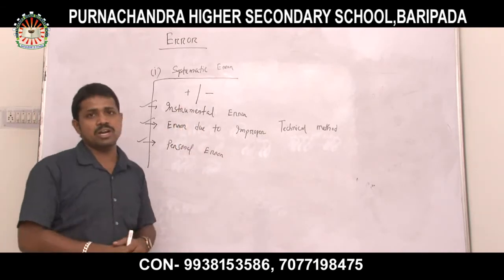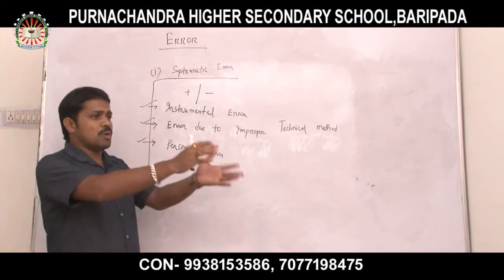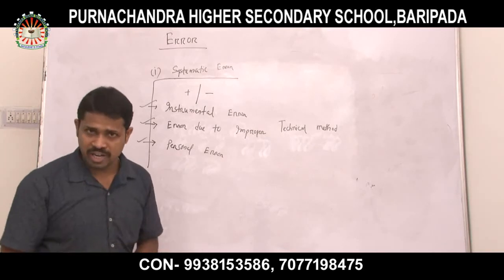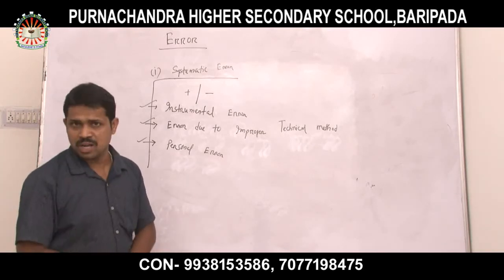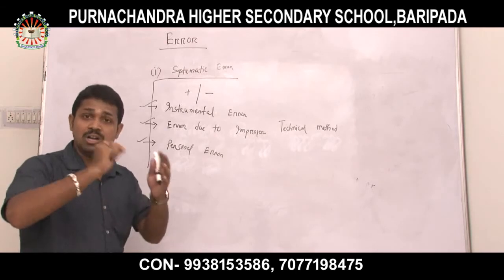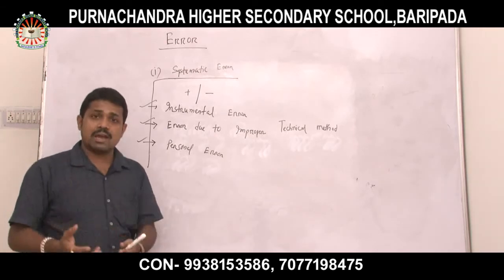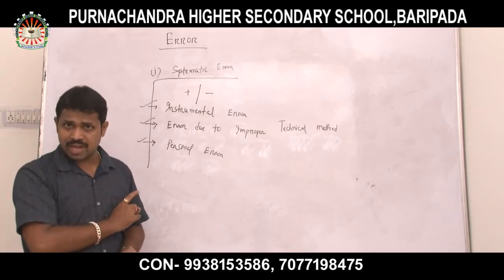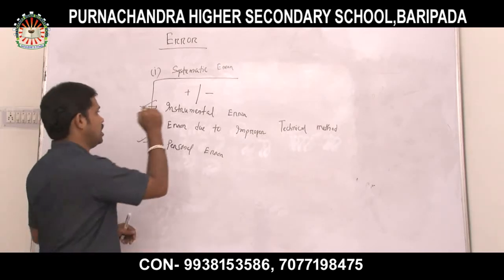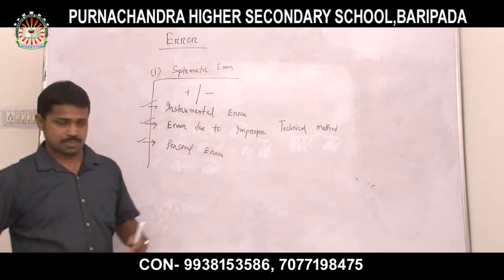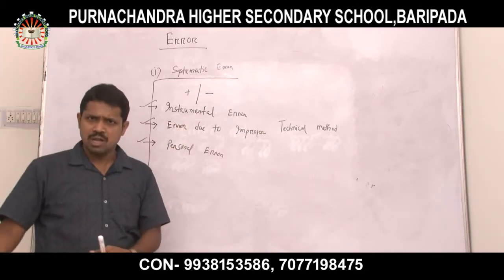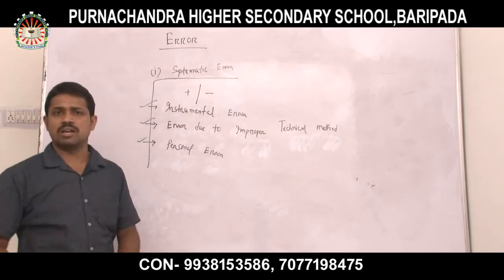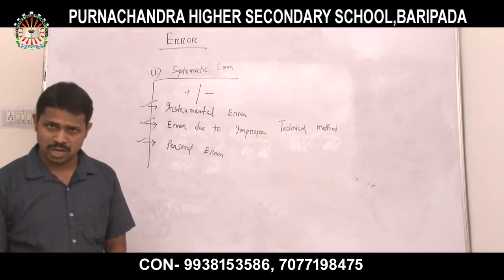Suppose the instrument provided to a user has a fault within it. Then whatever error arises during the experiment due to that faulty instrument, we call an instrumental error. Specifically, the error due to improper functioning of the instrument is called instrumental error. Very simple. Clear all of you?